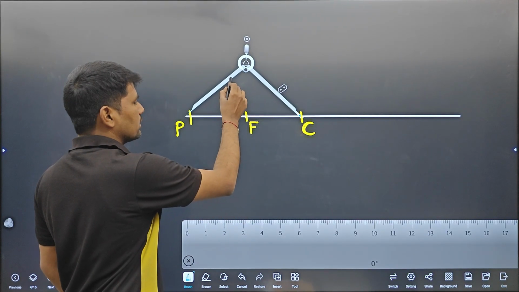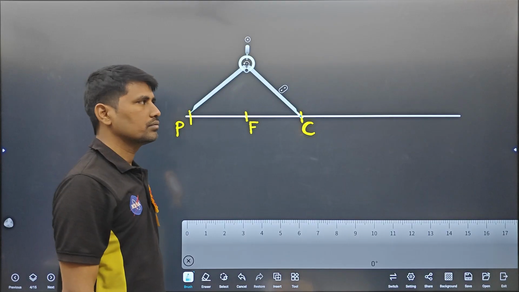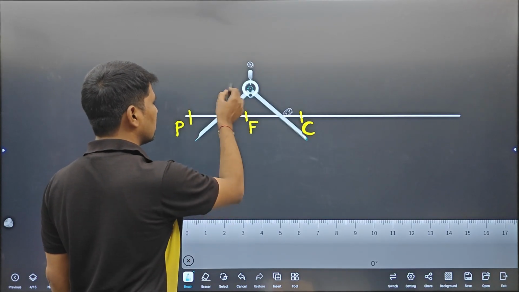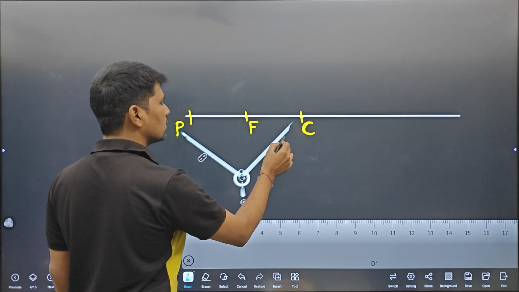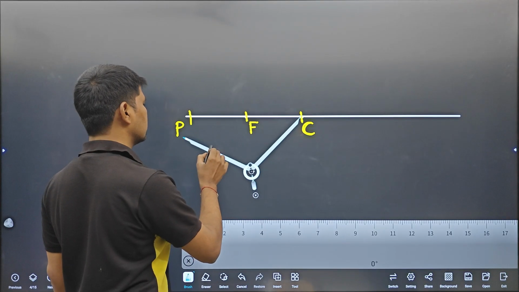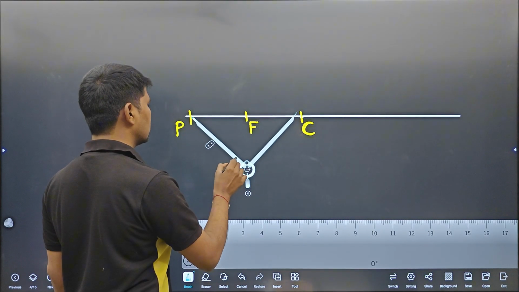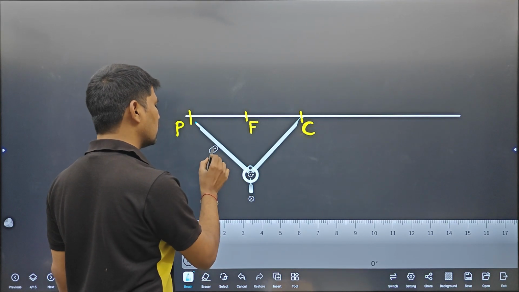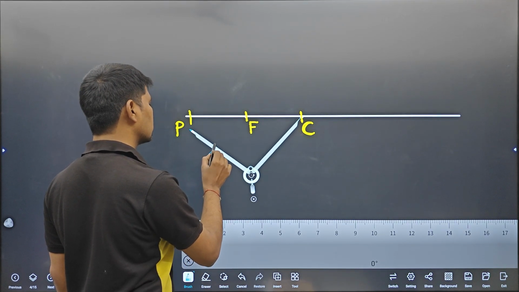Here now this is the radius, but it should be like this for me. So take the center here. This is the pencil, right? From the center, we have to draw the arc.